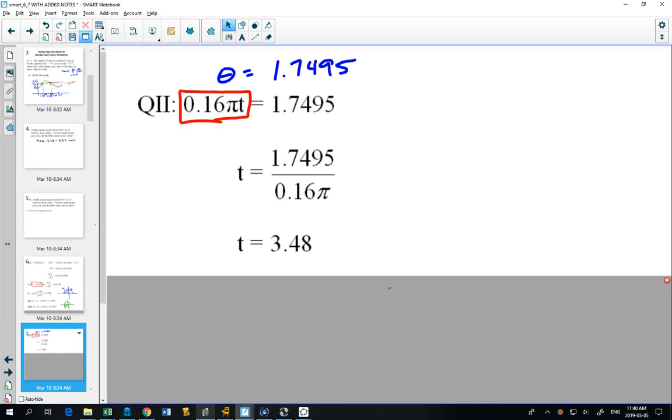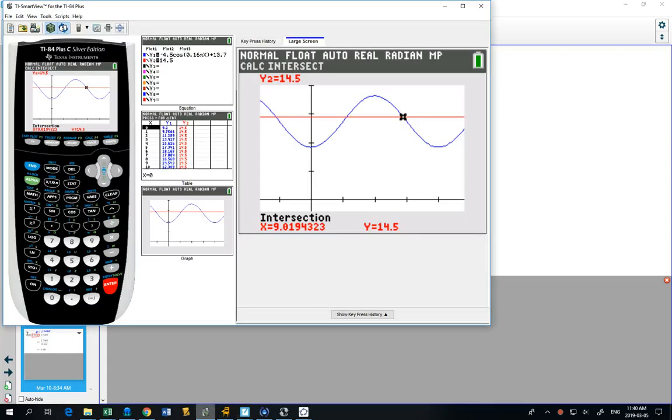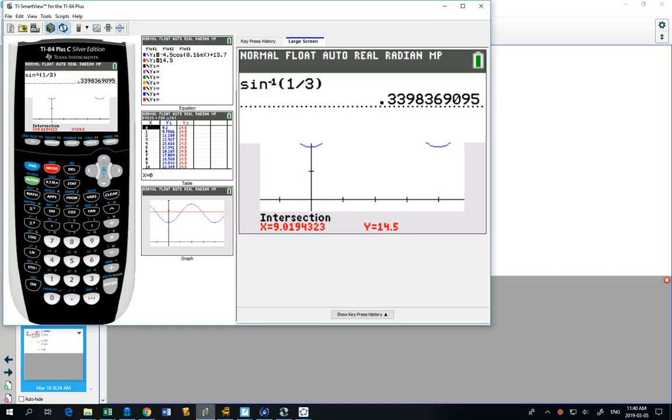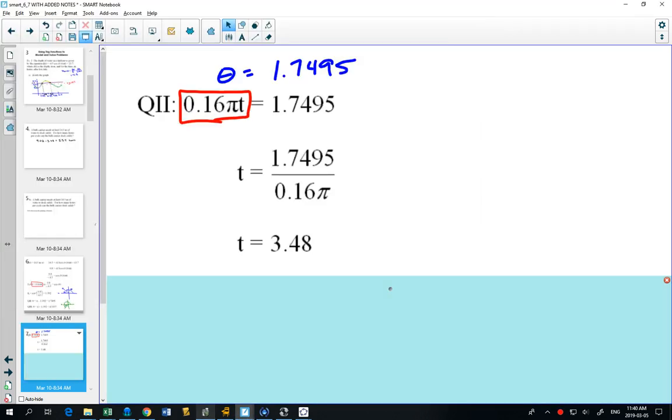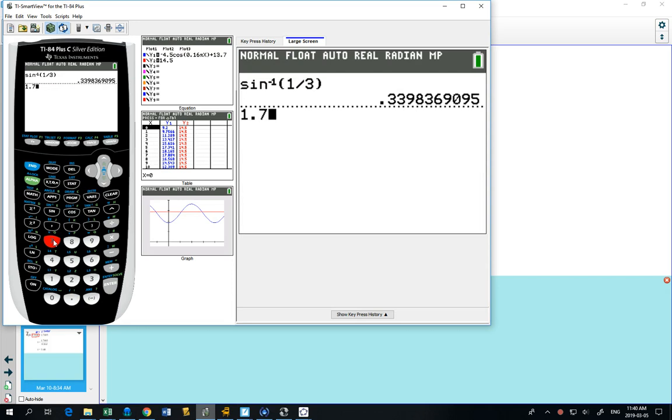Okay, if you got 34.35, you did the common mistake, which looks like this. Here, I'm going to get 34.35 as well. So I had 1.7495 divided by 0.16 pi, and this gives me the wrong answer.